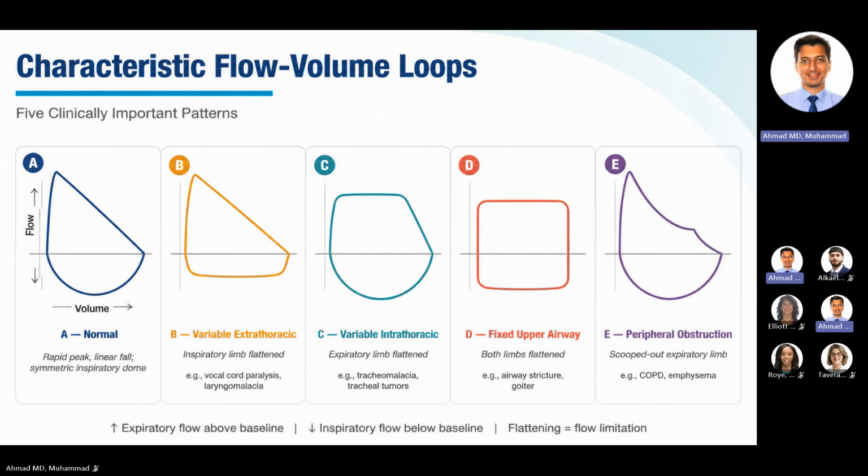In graph D, you have fixed upper airway obstruction, with flattening of both the expiratory and the inspiratory limb of the flow volume loop. An example of a disease which causes this is a large goiter which presses on your trachea.